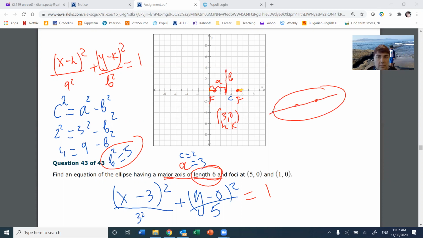The whole thing is the major axis, and if you start from the center, this is a, right? So the whole axis is really 2a. F and F. Wow, it's super windy today. So let's see.